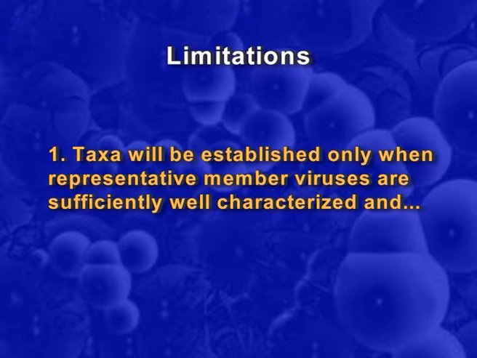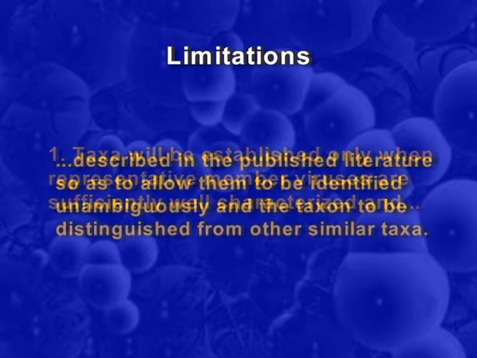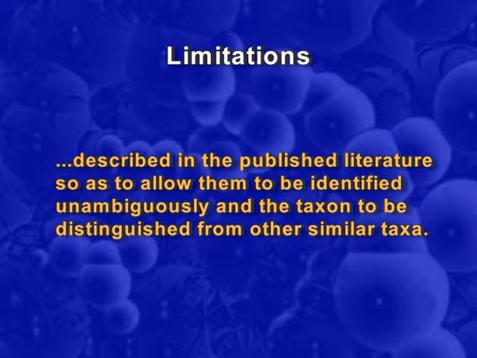Next we will be discussing the limitations of this ICTV classification. One major limitation of the ICTV approach is that viruses can be classified only when sufficient data are already present, meaning their characterization has been done properly and sufficient literature or journal publications exist in favor of the classification. Only then can they be placed into these taxonomic positions.